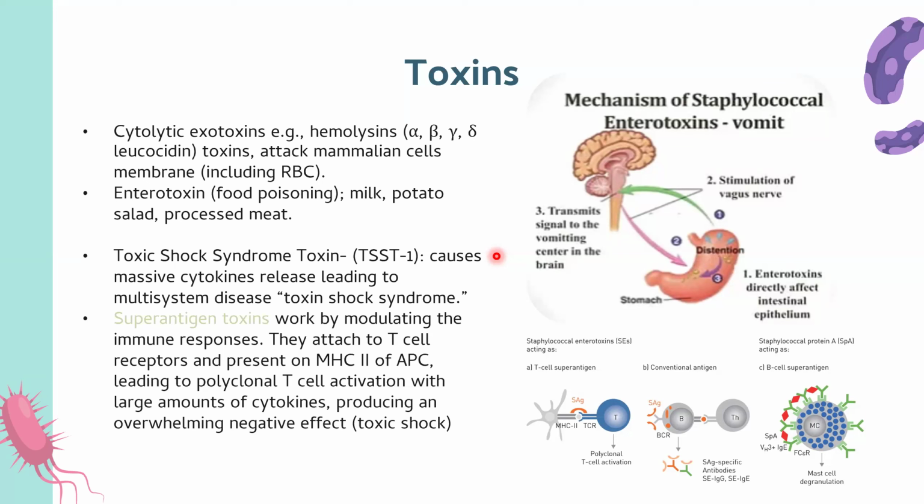Now, the very, very important toxin that I want to talk to you guys about is the superantigen toxin. A superantigen toxin works in the way that I told you guys about, where it's basically overwhelming the immune system. It attaches to T cell receptors, presented on MHC class 2 of antigen presenting cells, and it leads to polyclonal T cell activation with huge amounts of cytokines. So the body is actively destroying itself, right?